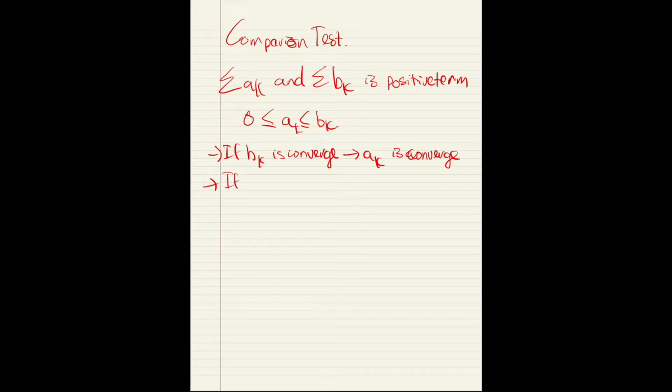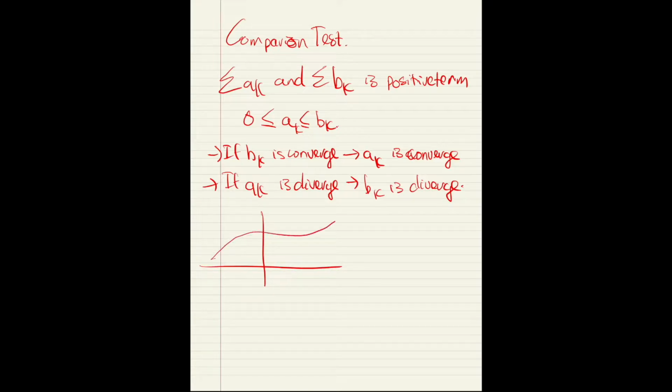If the series of a_k diverges, then the series of b_k diverges. This can be understood as two functions like this: b of k, a of k, and 0 here.